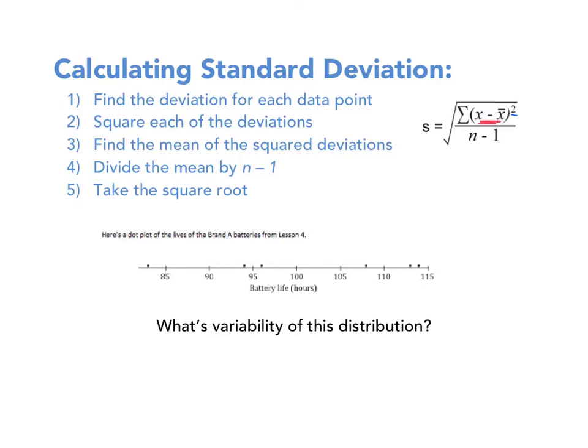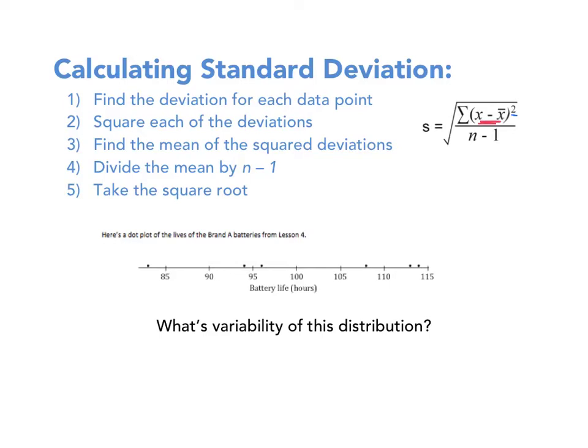And we do that to just make it a little more specific and accurate. So let's say there were 7 data points that you added up in a distribution, you would divide by 6. If there were 8, you would divide by 7. If there were 15, you would divide by 14. So that's all that means. And then once you divide by that n minus 1, you take the square root of everything.